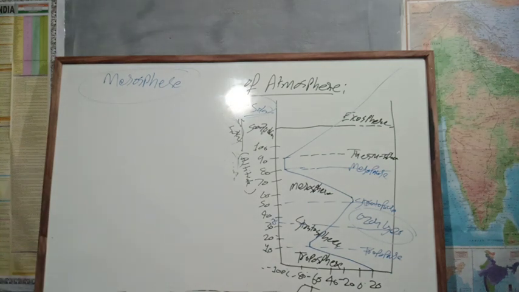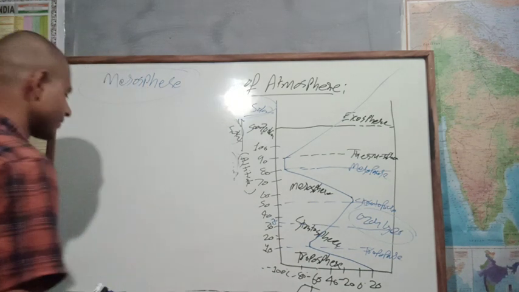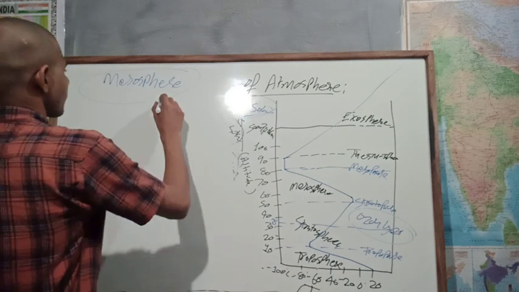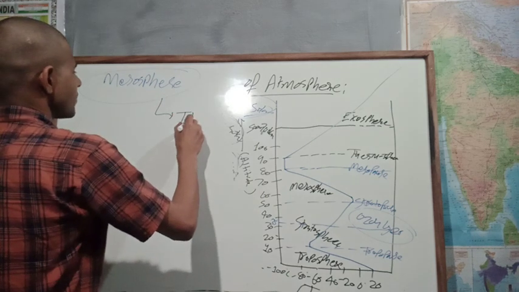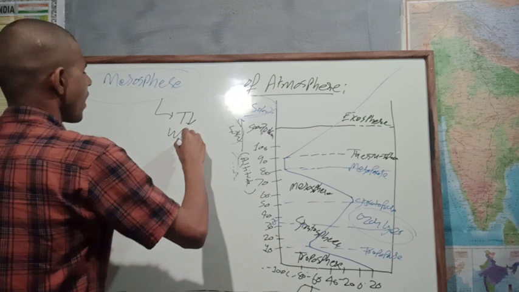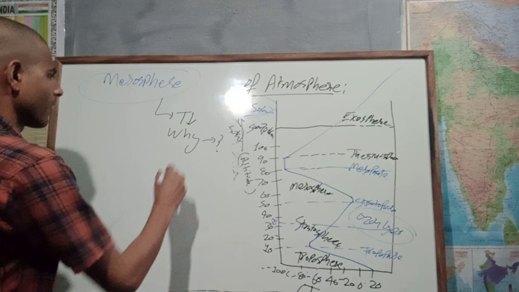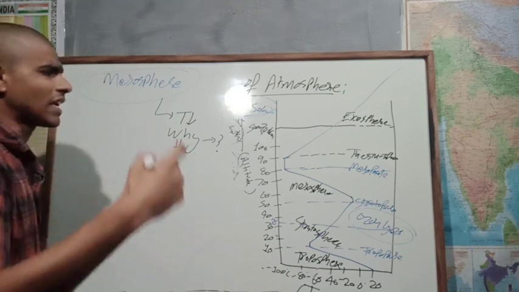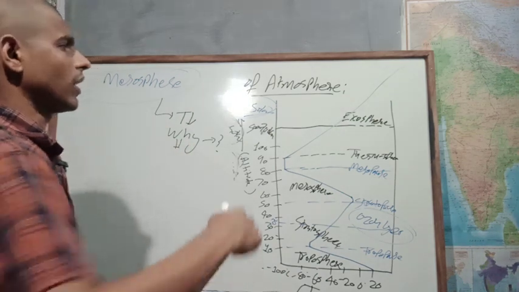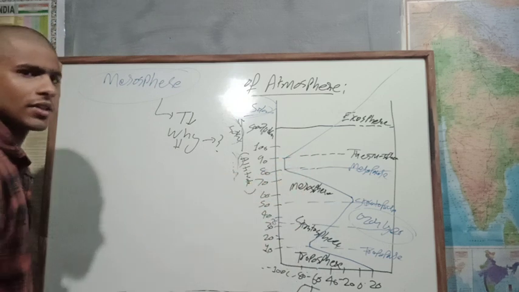First of all, why does the temperature decrease here? You know why? Because there is no such absorption of UV rays, so that's why the temperature decreases.